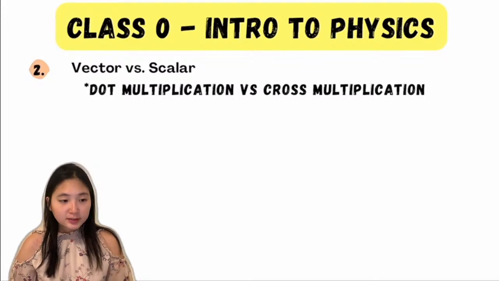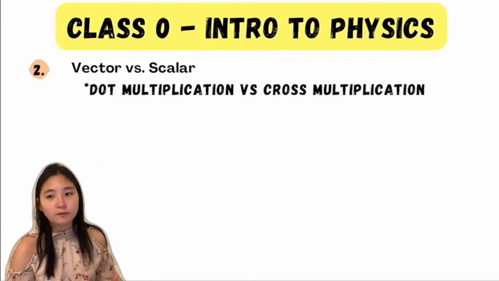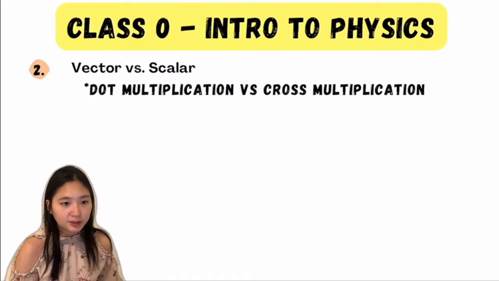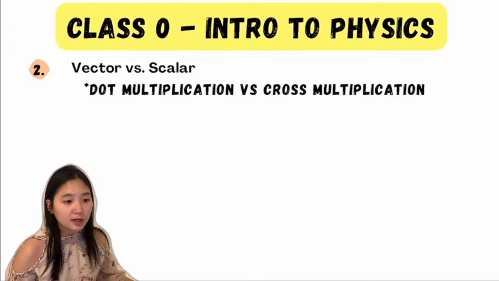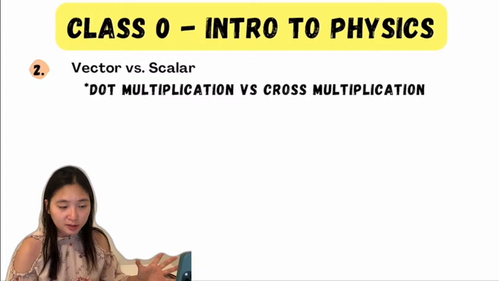Okay, next. I'm going to briefly go over what dot multiplication and cross multiplication mean, even though this is not required for AP Physics 1, but I think it really helps to understand why some of the equations work in a certain way.